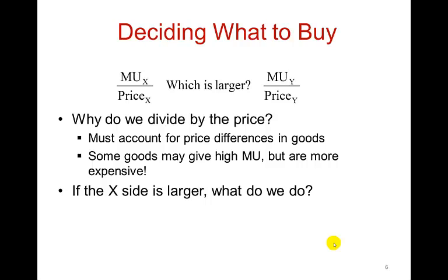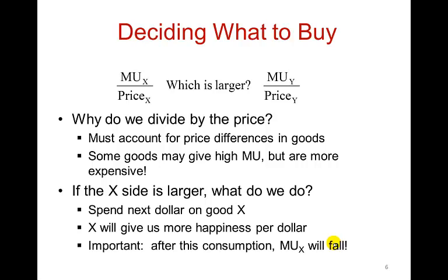But obviously Porsches are much, much more expensive, sadly, than pencils, so I can't necessarily go and do that. So that's why we have to divide by the price. Again, whichever one of these goods has this higher ratio, that's what I should focus on spending my money on.